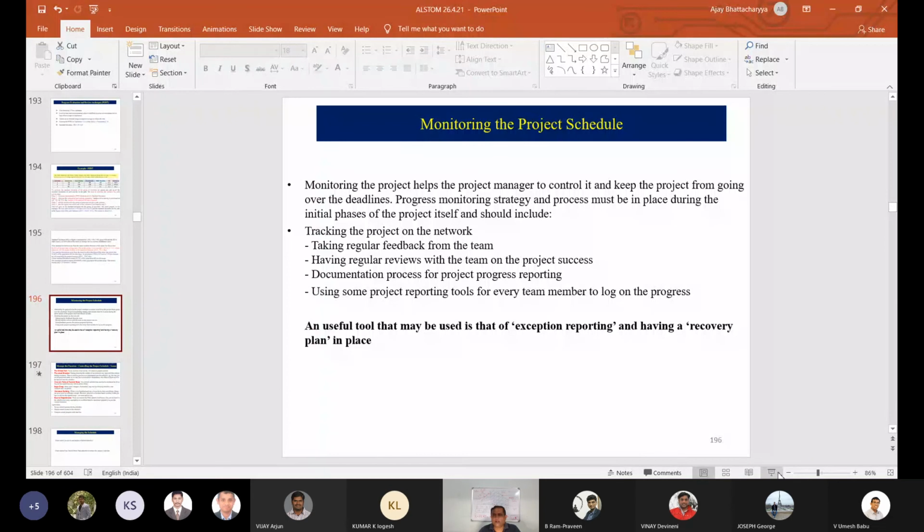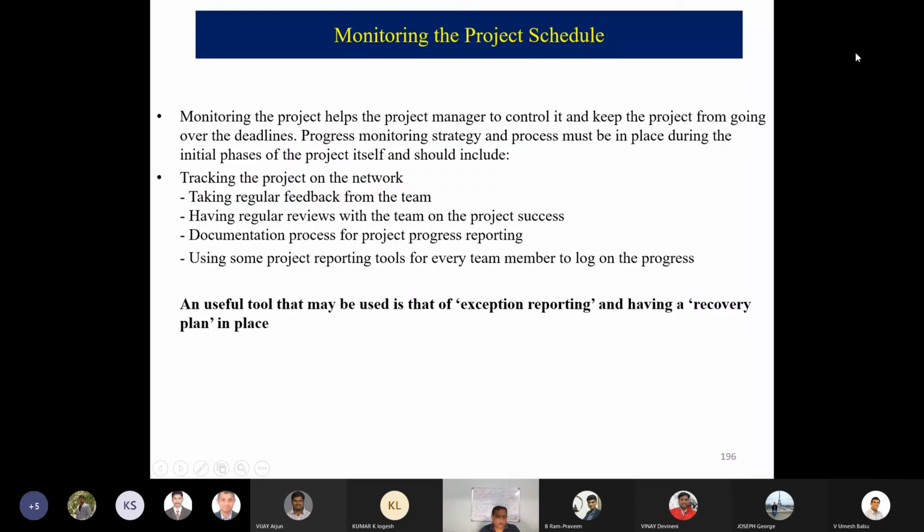So, monitoring project schedule. Arnima, can you read that? Yes, sir. Monitoring the project schedule. Monitoring the project helps the project manager to control it and keep the project from going over the deadlines.